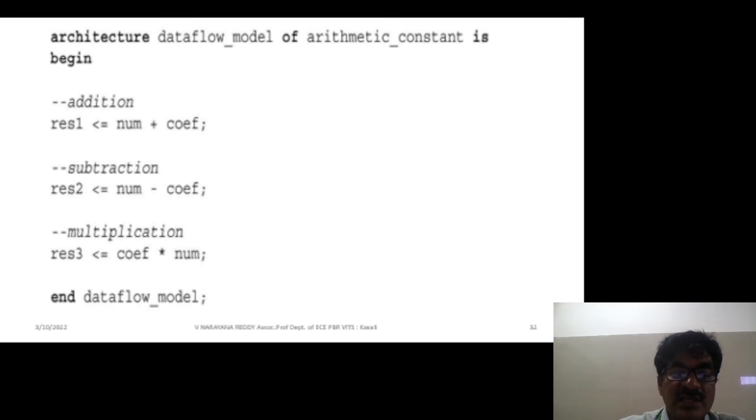In the multiplication case the result consists of more bits, so the register where you are going to load the multiplication result should be double the size of the input. Then finally end architecture name.